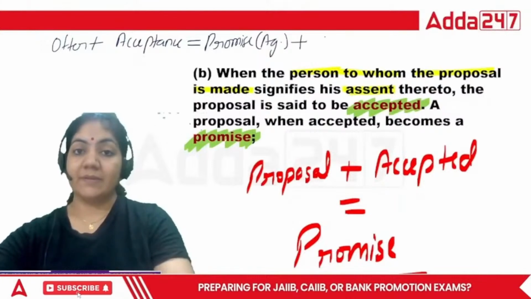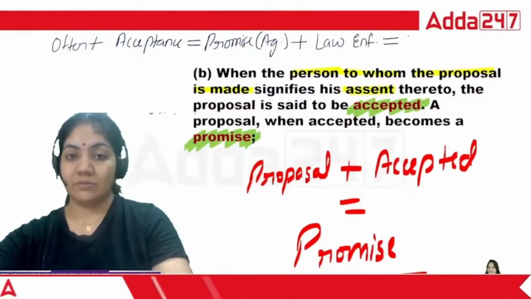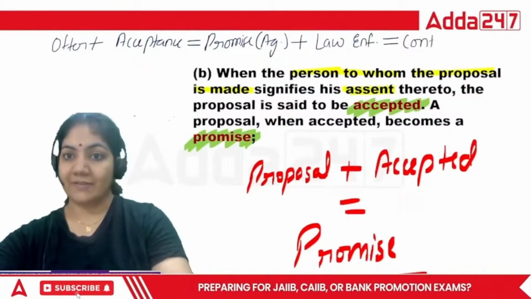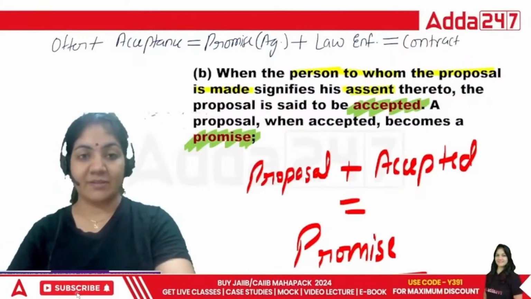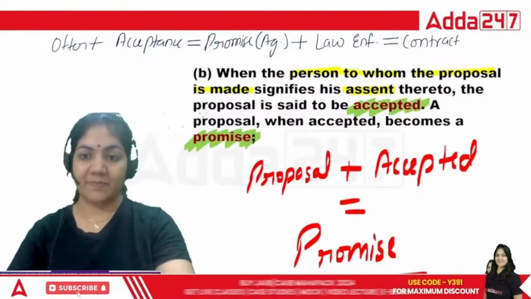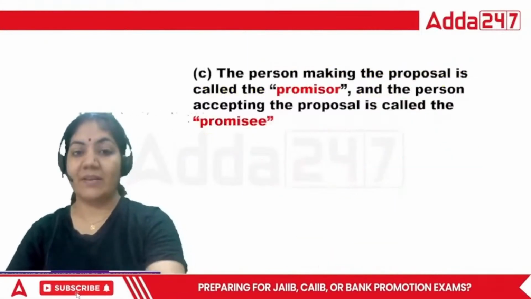In agreement, when the law will enforce, that is equal to contract. So this is the formula that we have discussed in the Indian Contract Act. Is that okay? Right? Now, next one.